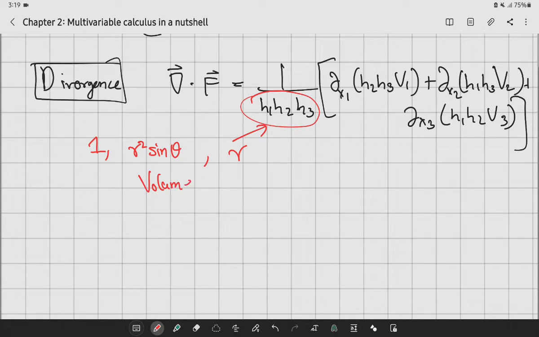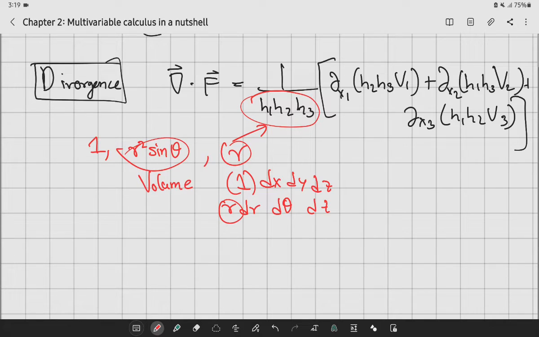These are in fact the volume elements. You remember when you have dx, dy, dz, the factor I have here is 1. Similarly, in cylindrical, I have r, dr, d theta, dz. This r is the same as this r. And same thing with spherical coordinates. You have r squared sine theta, dr, d theta, d phi.